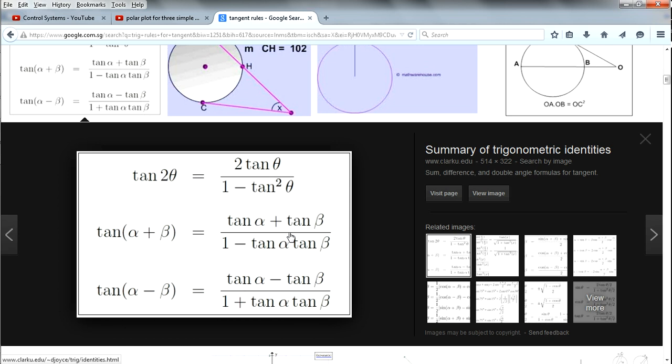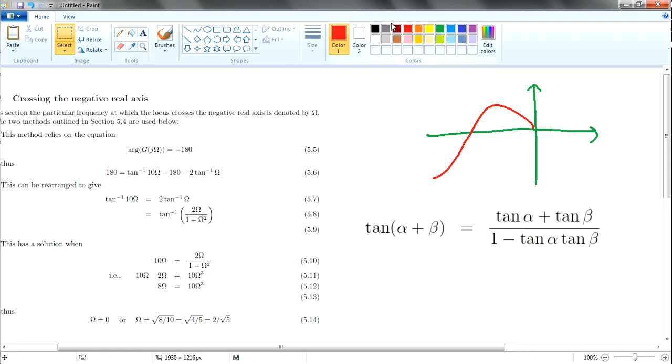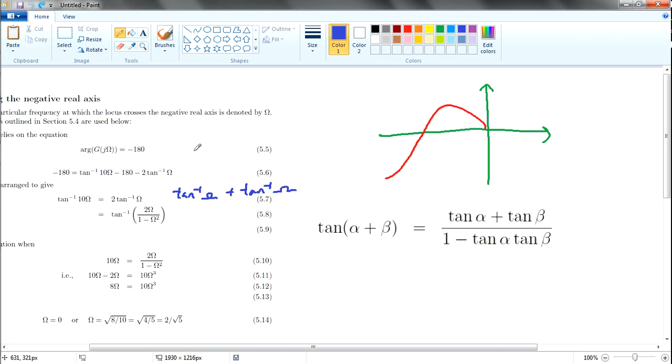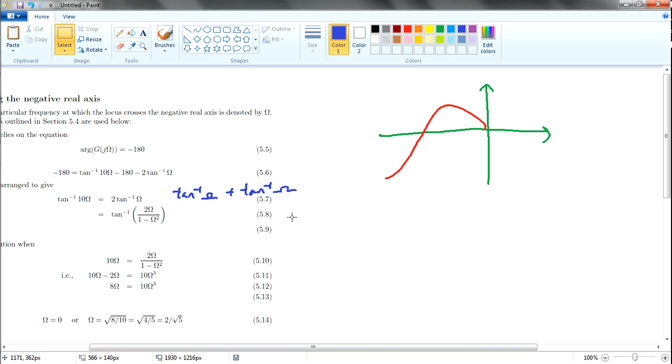So 2 tangent inverse omega is actually tangent inverse omega plus tangent inverse omega. As you can see, this form is this form. After searching for quite a while, I realized that this cannot be used.